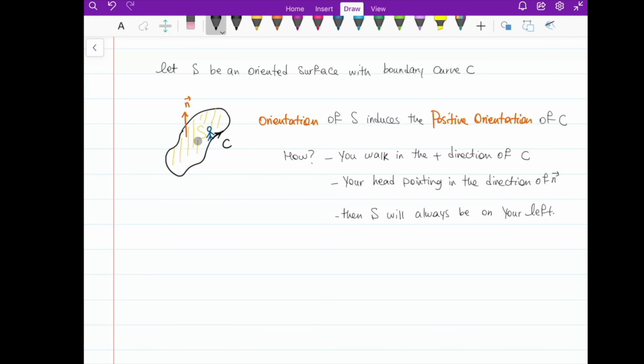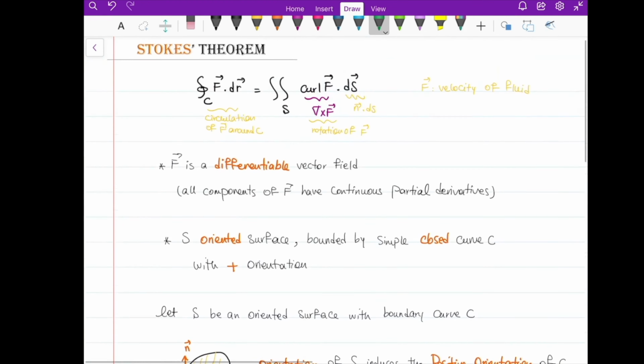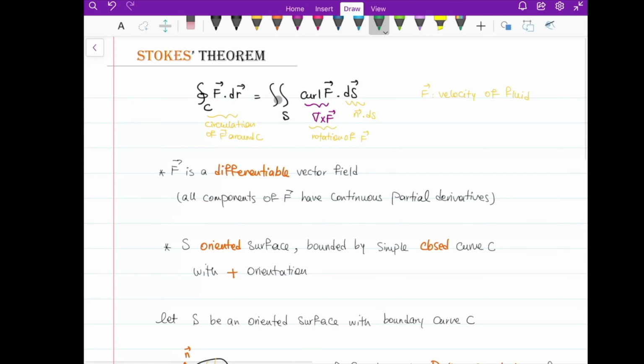Otherwise, if you step to the right, you will fall off the edges of the surface. Okay, and in that case, we say that the orientations of S and C are compatible, and this compatible orientation is the one that we use in Stokes' Theorem.